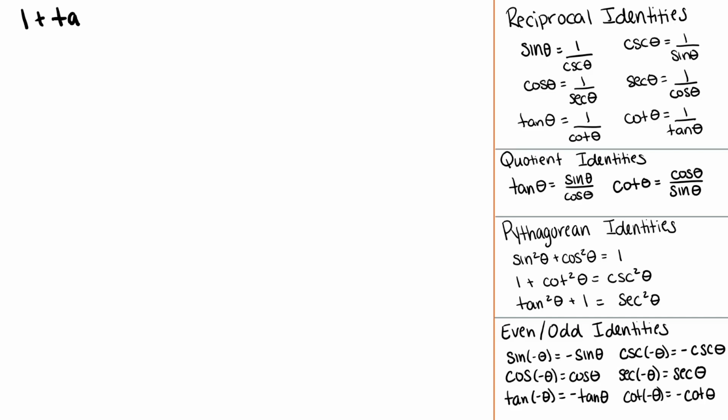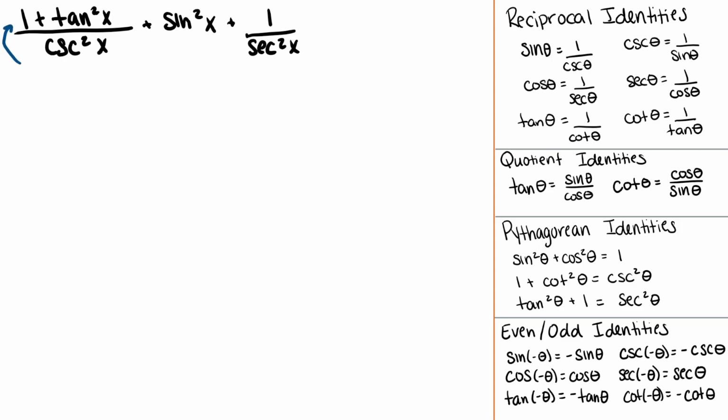Next, we have 1 plus tangent squared x over cosecant squared x, plus sine squared x plus 1 over secant squared x. So let's go one by one. Let's start with our first fraction. We have 1 plus tangent squared x, and we know that tangent squared theta plus 1 is equal to secant squared theta. So this right here is secant squared x.